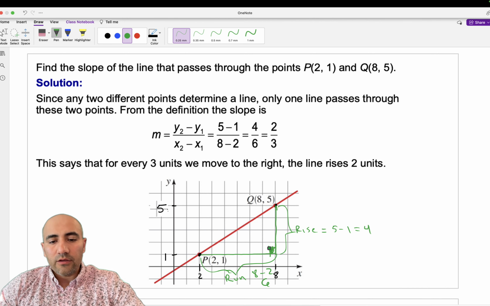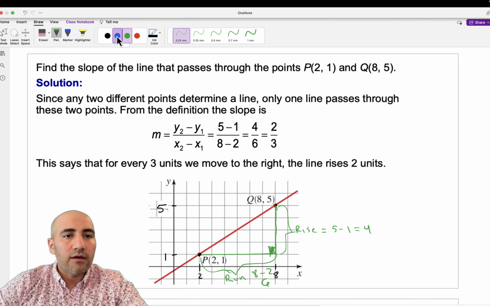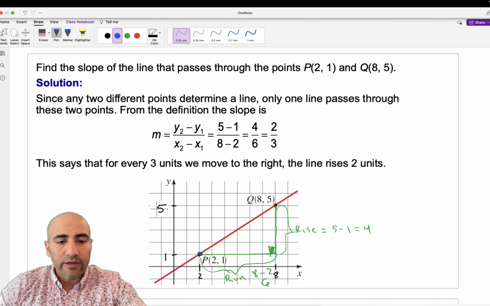Okay, so another way to interpret a slope is to say that once you have a point on the line, then for every 3 units that we move to the right from that point, we move up 2 units. So for every 3. So for instance, starting at this same point, we can go 3 units this way, 1, 2, 3 units this way, and then we go up 2 units, and we arrive at another point on the line.